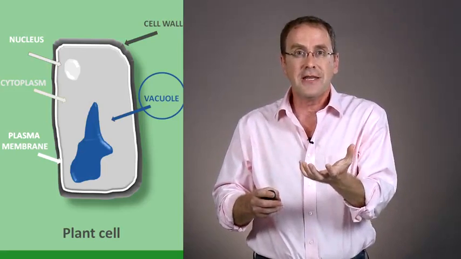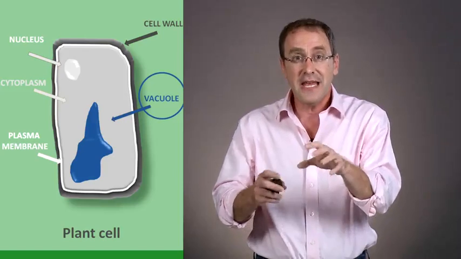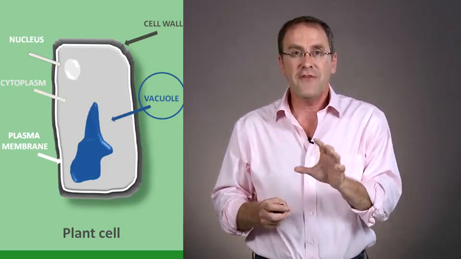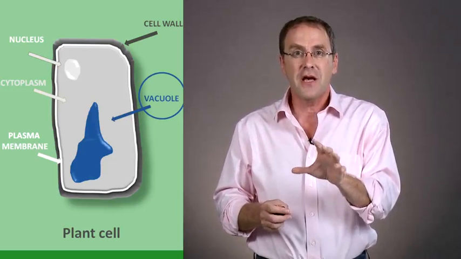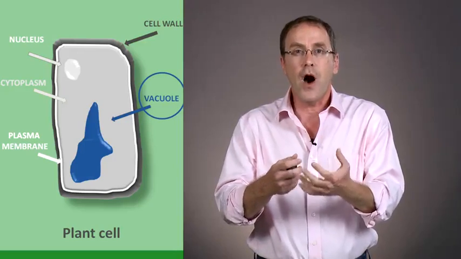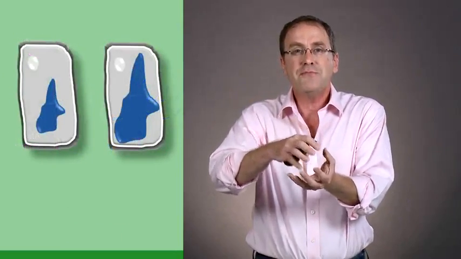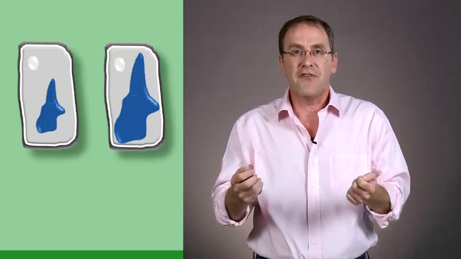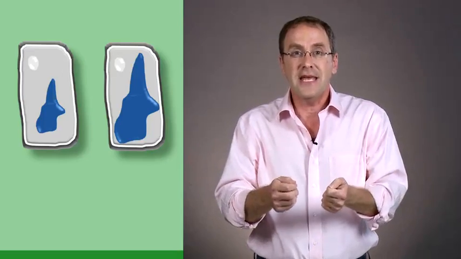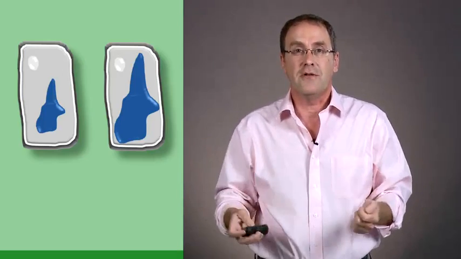For example, the acidic pH of lemon cells is because of the acid within the vacuole. And the vacuole can also hold vast amounts of ions, different salts, and the water amounts in the vacuole can vary, so that the size of the vacuole can at times be small and at times be large. The cell can regulate the size of the vacuole by pumping ions in or out of the vacuole, thereby causing water to come in or out of the vacuole.